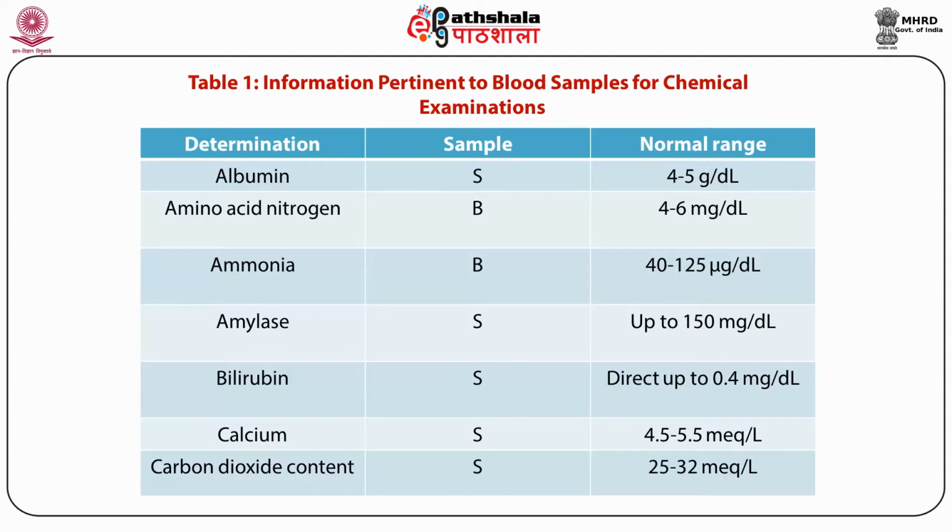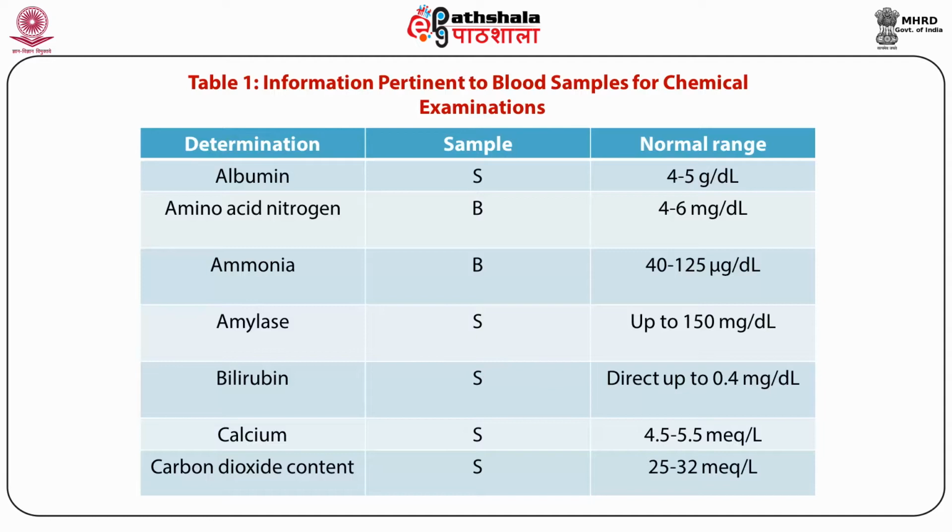The number one determination is albumin. The sample is serum. Serum is taken for the determination of albumin, and the normal range is 4 to 5 gram per dl.